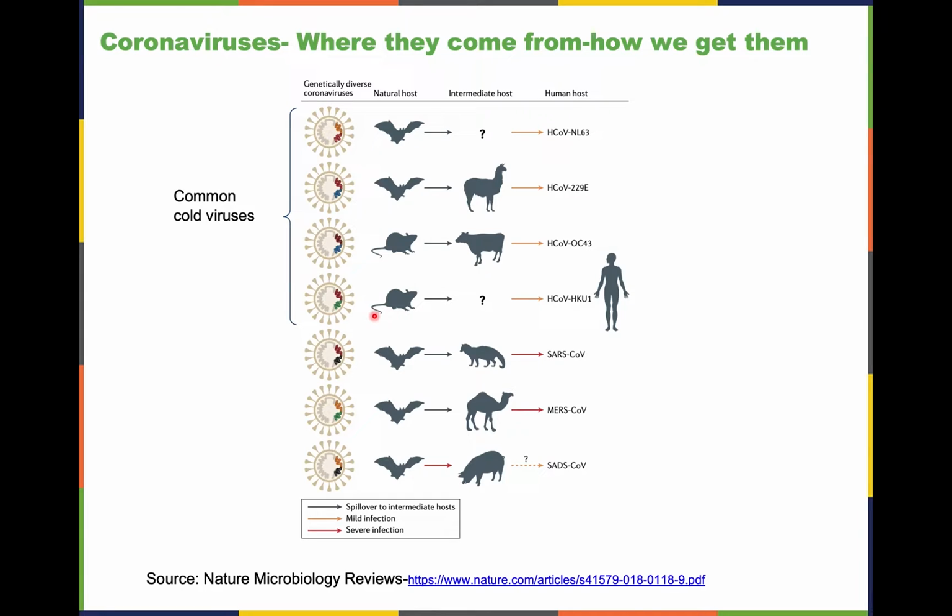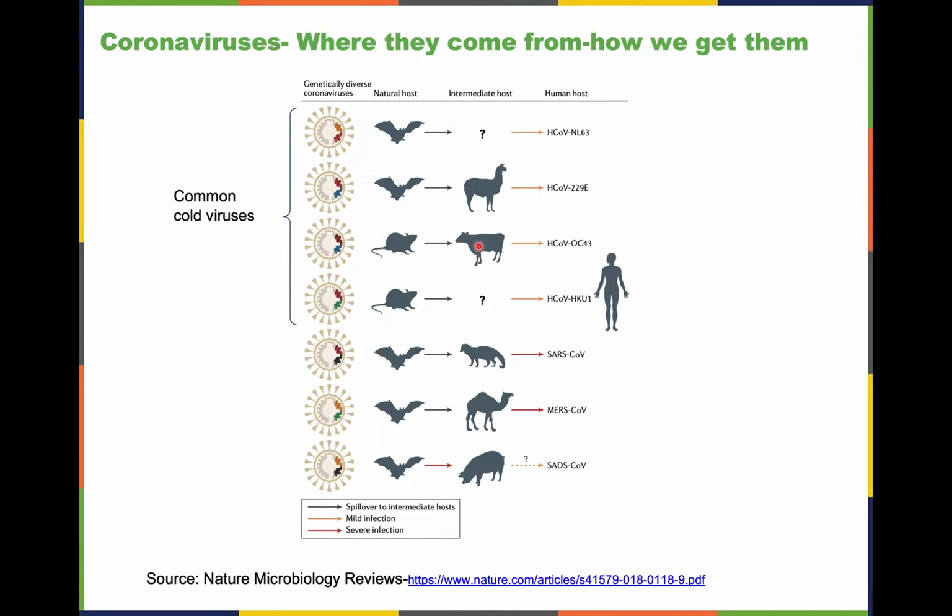For the final group of common cold viruses, it is thought that it was present in rodents, but they have not been able to find the organism that was the intermediary that then transferred to us. So what does that mean? That means usually the coronavirus that is found in us, for example, let's say HCOV-OC43, has some very close sequence similarity with the one in the cow.